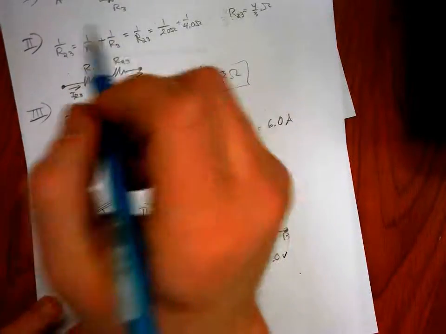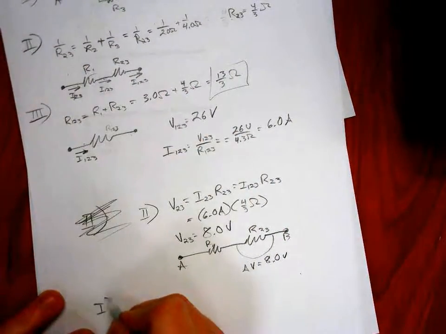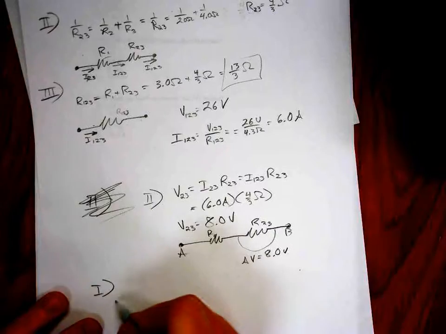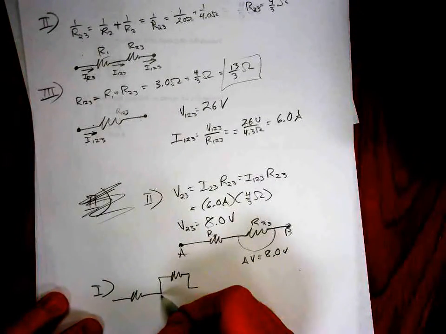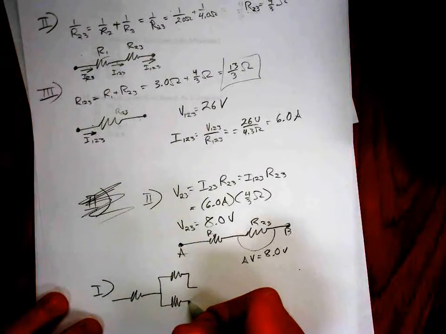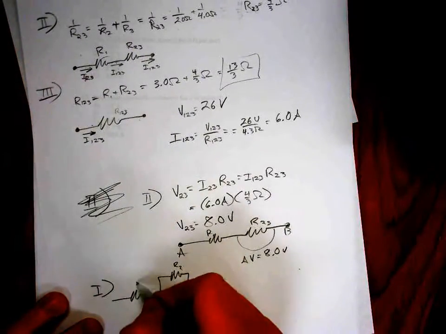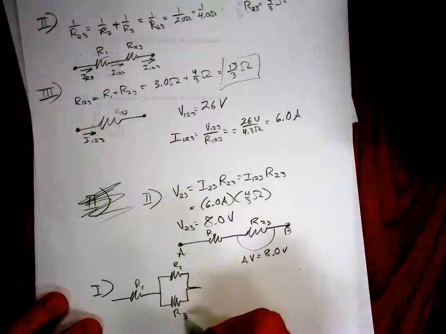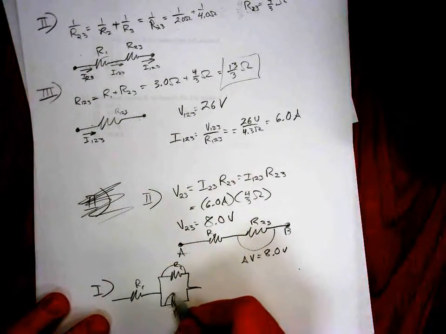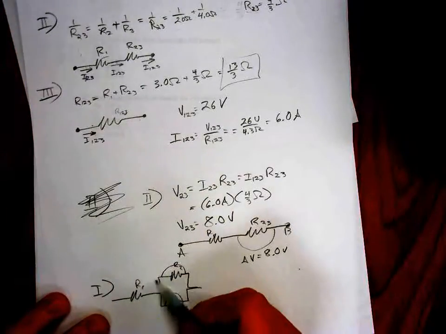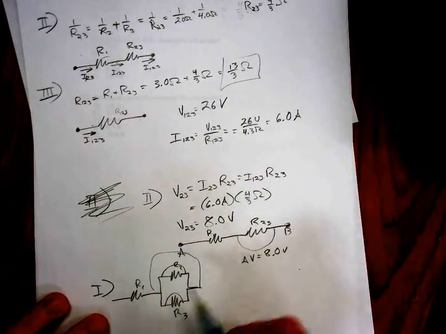Now we can go back to circuit drawing 1, with R2, R1, R3. We know the voltage drop here is going to equal the voltage drop here, which equals the voltage drop here.